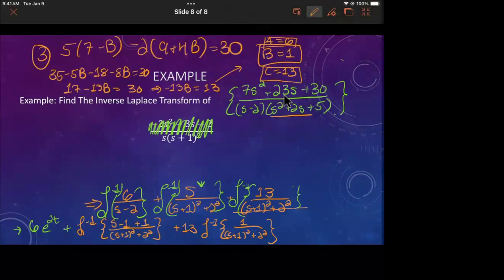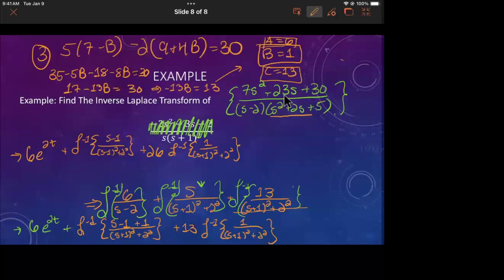So what this turns out to be is 6e to the 2t, plus the inverse Laplace transform of s plus 1 over s plus 1 squared plus 2 squared. Then we have 2 of the same quantity, so plus 13 times 2, that's 26, times the inverse Laplace transform of 1 over s plus 1 squared plus 2 squared.